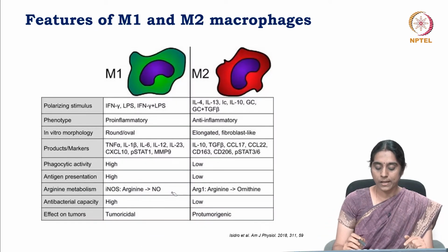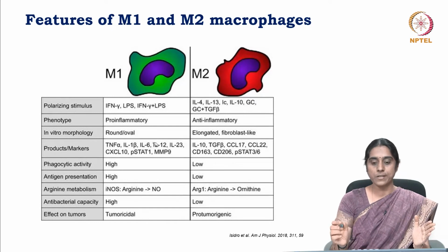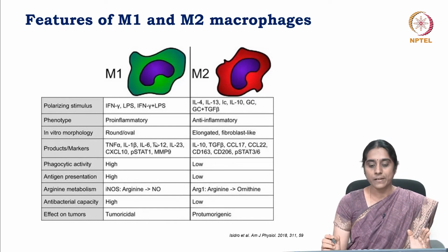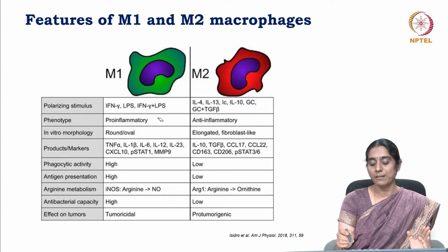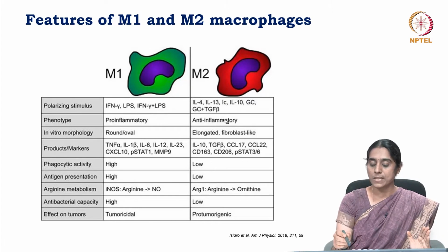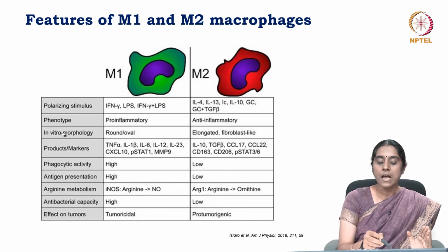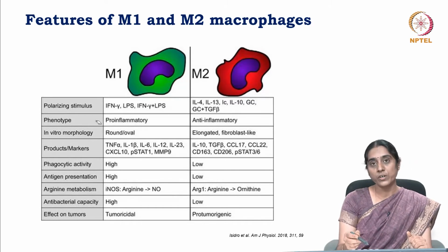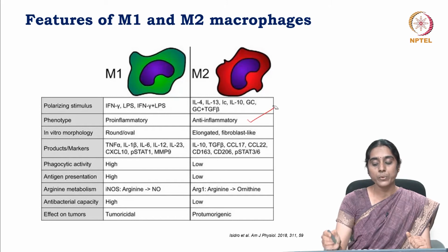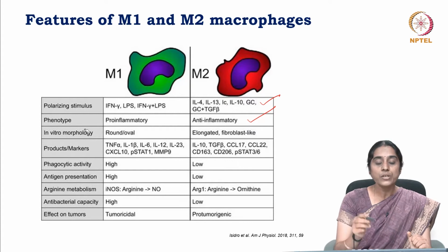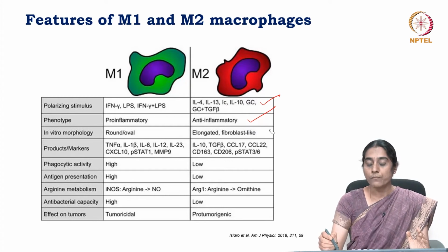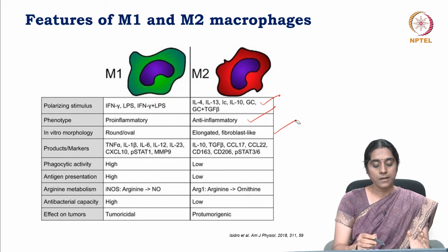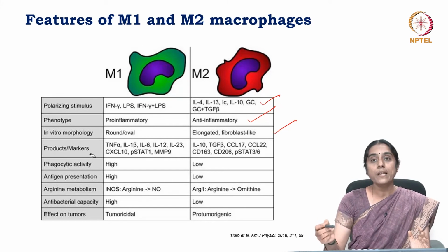Here you can see the features given in a tabular form. The polarizing stimulus for M1 is interferon gamma, LPS, etc., while for M2 it is IL-4, IL-13. The phenotype for M1 is pro-inflammatory, for M2 it is anti-inflammatory, and the in vitro morphology is round or oval for M1, while for M2 it is fibroblast-like, which means elongated.